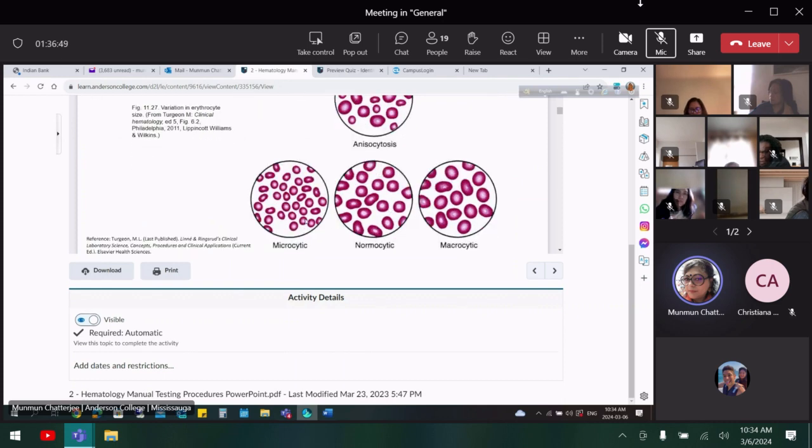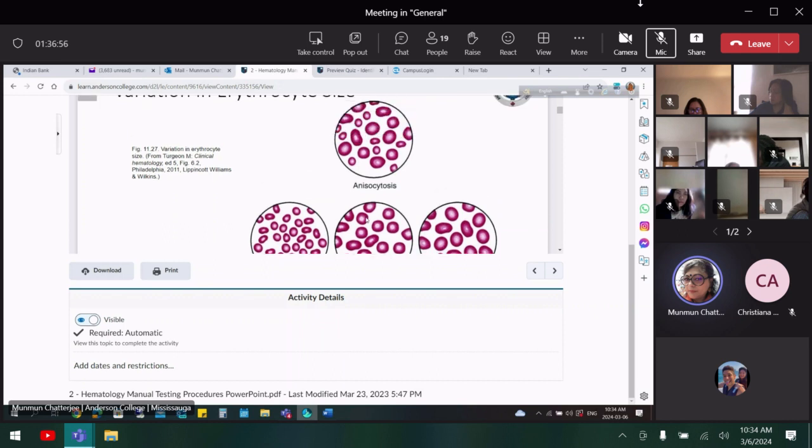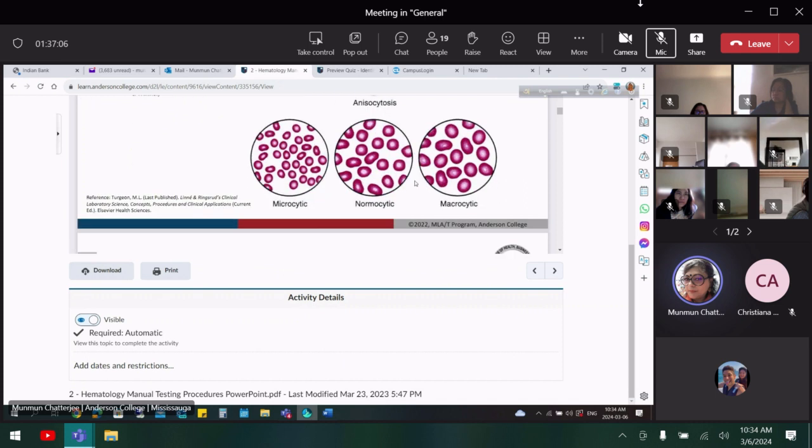So when microcytic, and this is normocytic, when it's normal. When the cells are smaller, it is microcytic. When normal, it is called normocytic. Macrocytic is when larger. The cells which have malaria appear as macrocytic because the parasite is inside them.